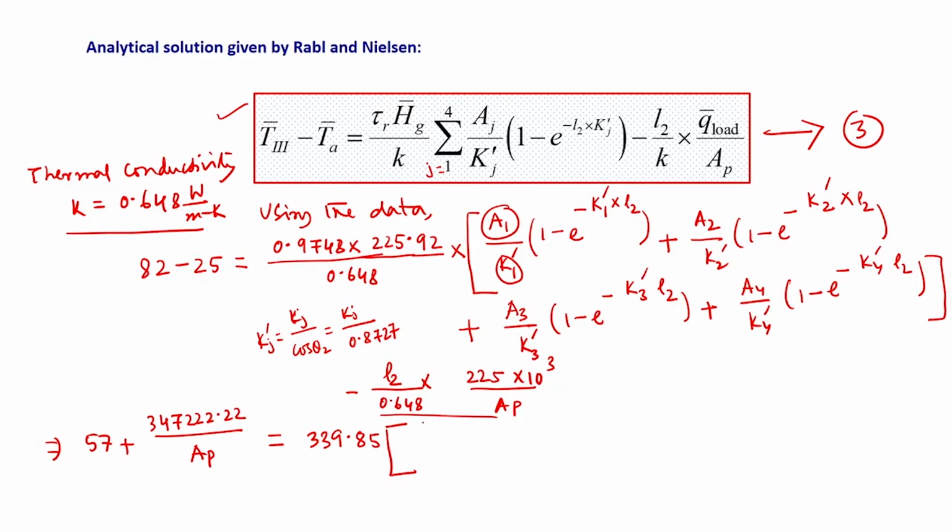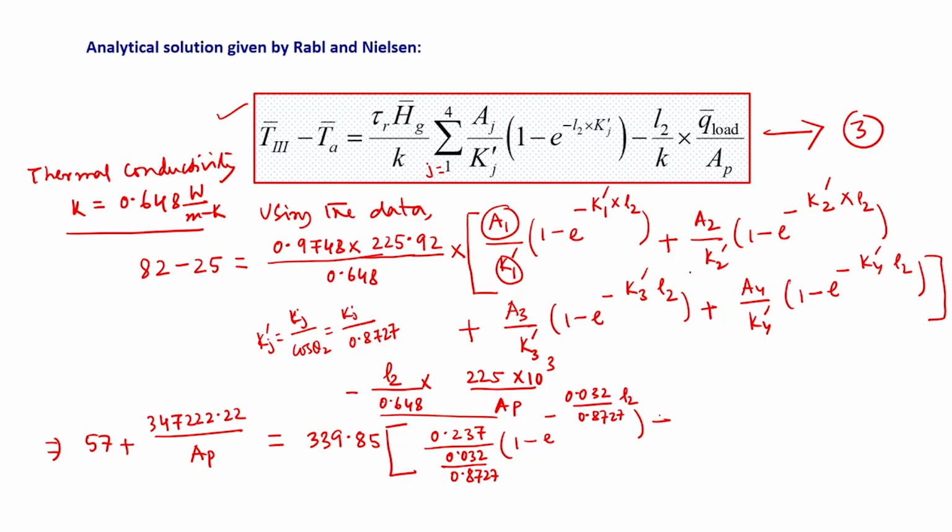first expression I will show, then later on we will straightaway use our spreadsheet. This A1, and Kj values will be something like 0.032 is the value for K1, and cos theta is 0.8727. Okay. Then 1 minus e to the power of minus 0.032 divided by 0.8727, and then we will have L2, right.